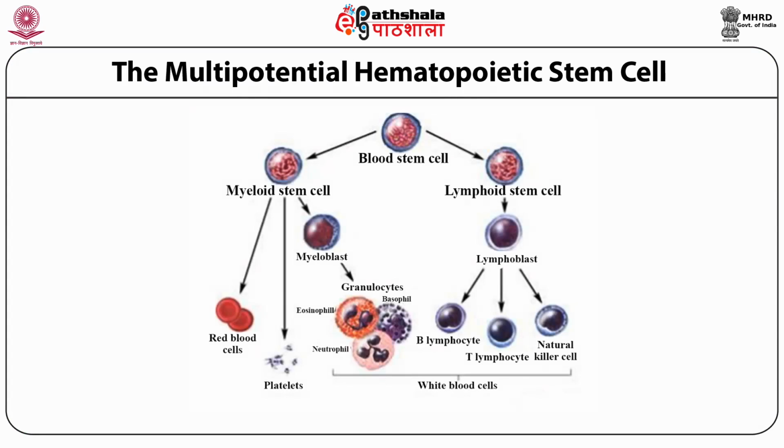Bone marrow and thymus are primary lymphoid organs. On the other hand, the spleen, lymph nodes and mucosa associated lymphoid tissues are secondary lymphoid organs. Let us look at the multipotential hematopoietic stem cells.